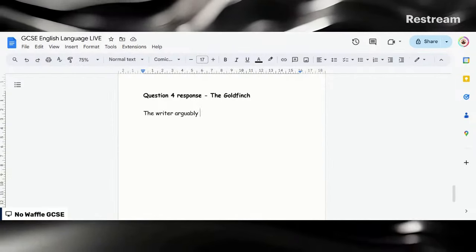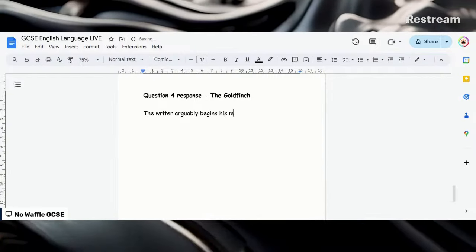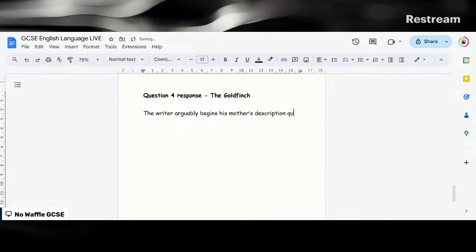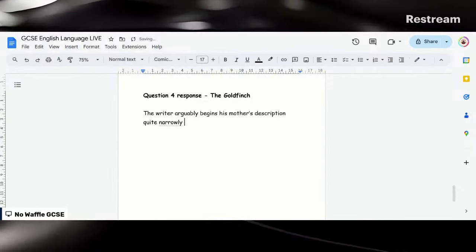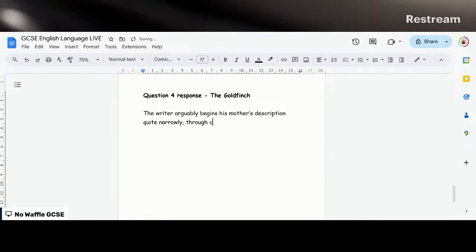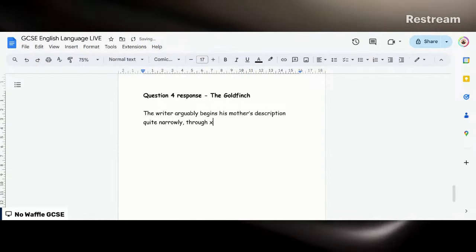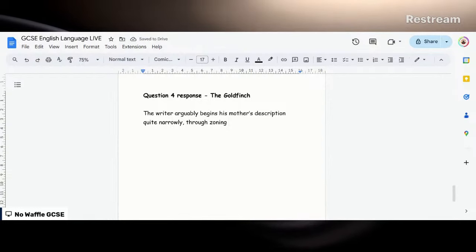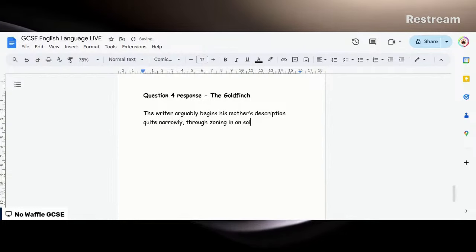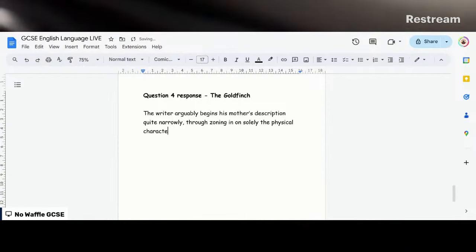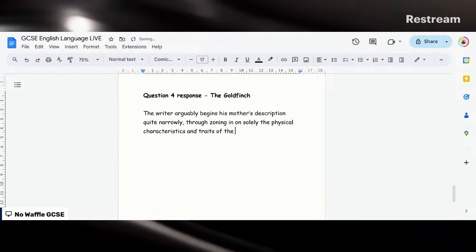Okay. The writer arguably begins his mother's description quite narrowly, through emphasizing or zoning in solely on the physical characteristics and traits of the mother.